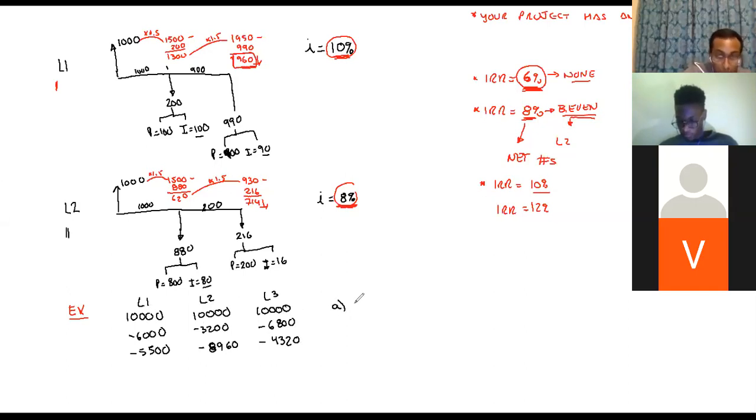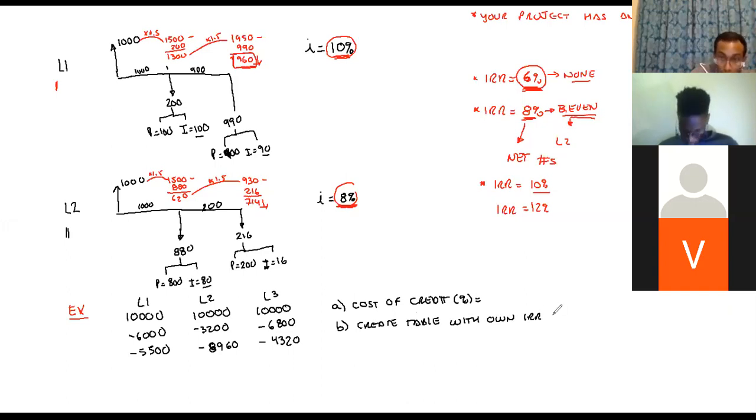Okay, so what I need from you is the cost of credit. And I want you to create a table with the internal rate of return that belongs to 1% to, let's say, 60%, 70%. And see the graph.